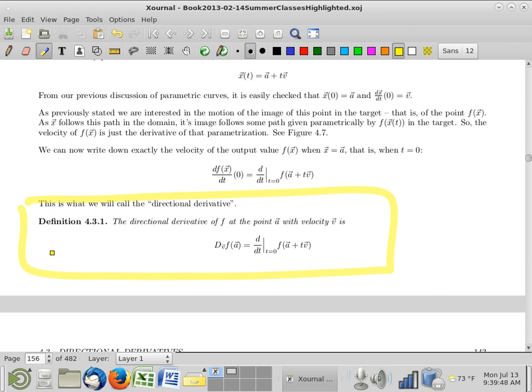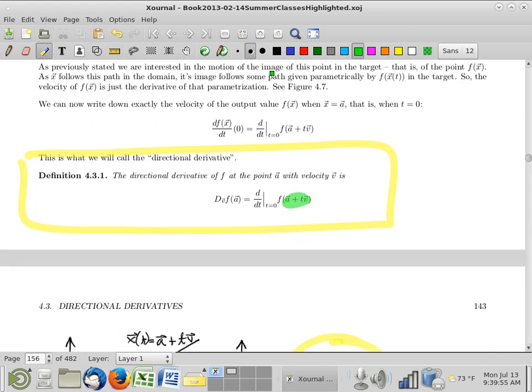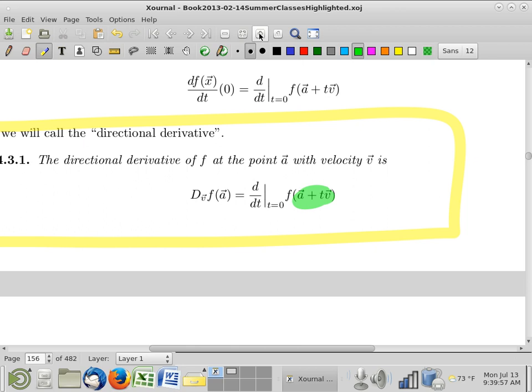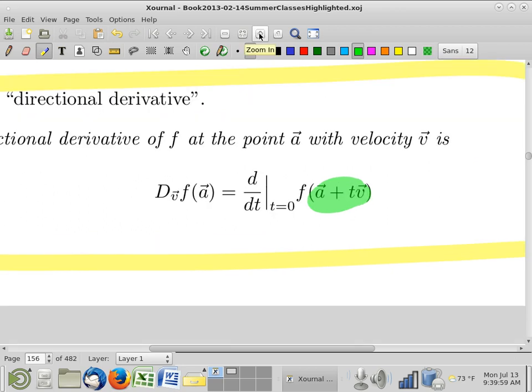Now again, let me remind you of our construction. There's my point in the domain. Let me zoom in on this and focus on the algebra. Highlighted in green is my point in the domain. It's at the point A, moving with velocity v. F of that tells me what its image is doing as it moves around in the target. Taking the derivative then gives me the velocity of that output point.